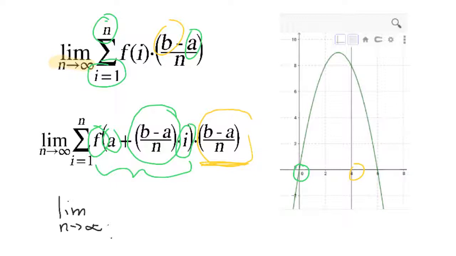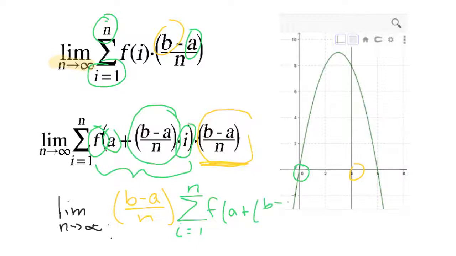So the limit as n approaches infinity of b minus a over n times the sum as i equals 1 to n of f of a plus b minus a over n times i.